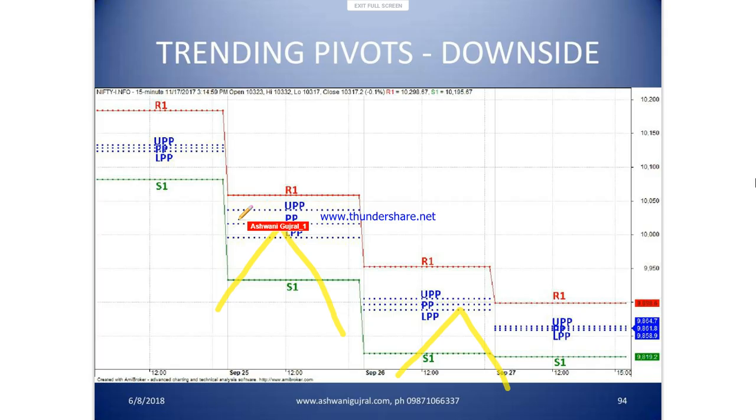So this is your zone which decides that the trend is still intact. Okay. Where do you keep a stop? Below these pivots most of the time, but if R1 is very near the pivots, even R1 can be used as a support. Till R1 is held, we are going to move lower.